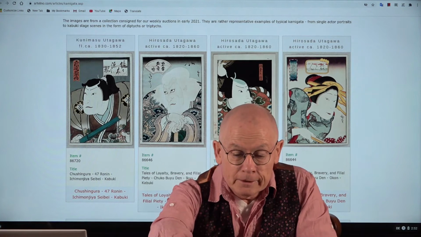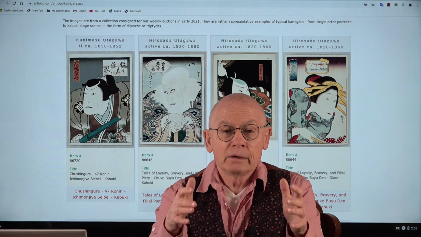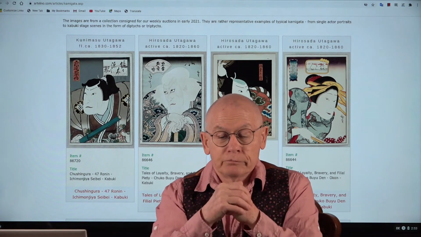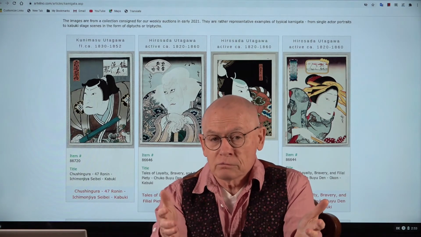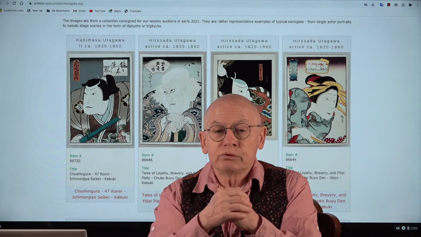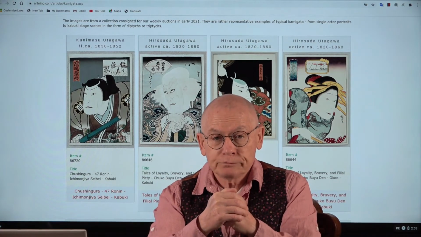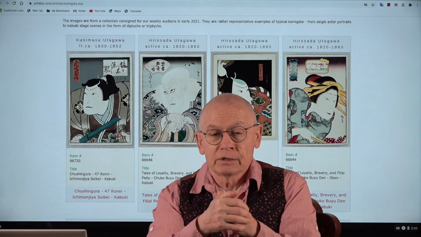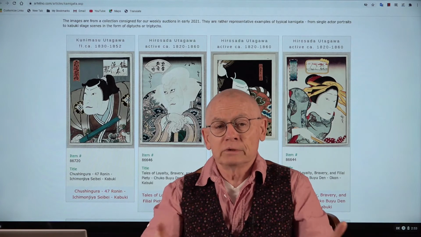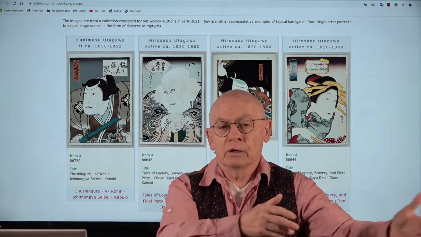And Edo was the dominating center in Japan for printmaking. Printmaking, the same as bookmaking, and there was a dominating print shop in Edo called the Utagawa School. Also this is confusing for a beginner. It has nothing to do with the school where your children are going.